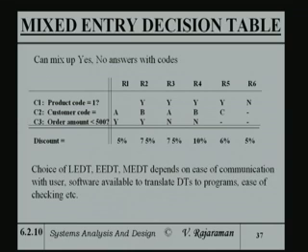You can also mix up the extended entries with limited entries, and it is called a mixed entry decision table. In this case, you can see the product code equal to 1 or 2 are the only two alternatives.